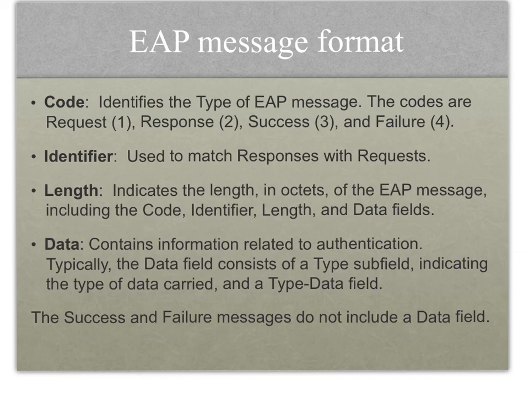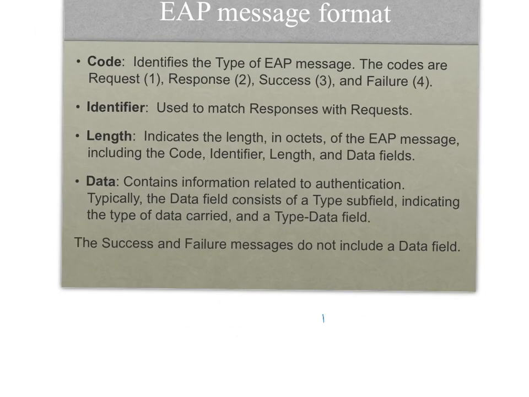And the length here indicates the length of the EAP message, the header of the message and the application level data. This is the data message, which usually has a type field. We'll talk about this; the type field refers to the authentication method. Then you have the actual data message, which contains either user ID and password, token, whatever.